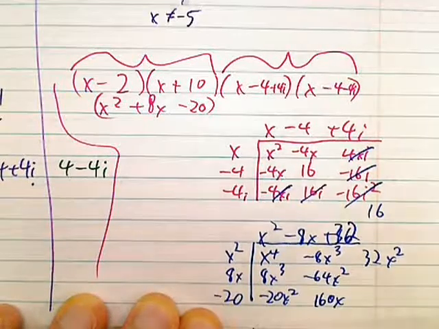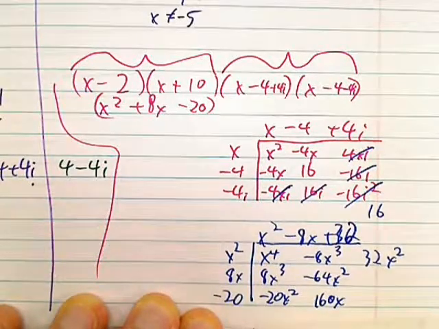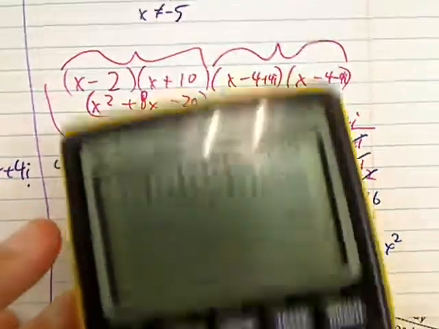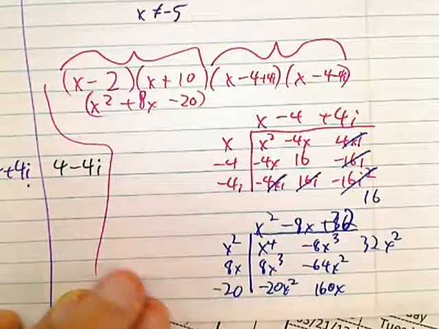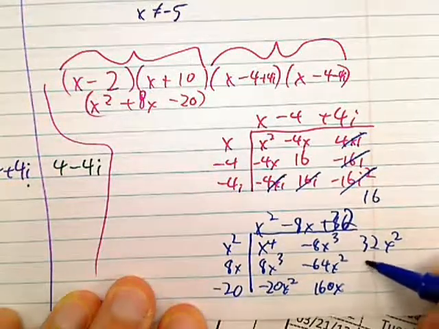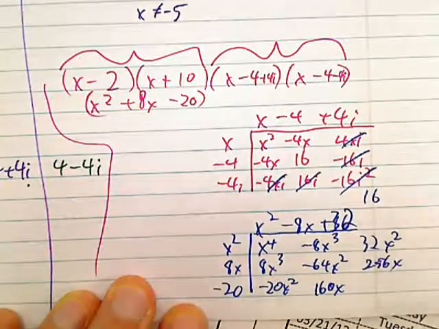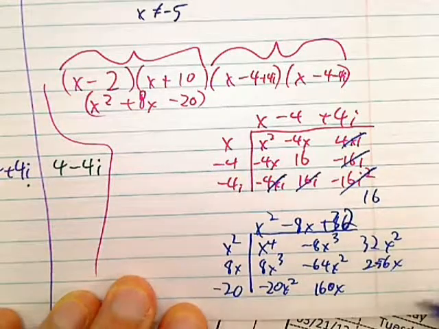Oh, I should know that one. Is it 256? 32 times 8. Bam! What up, son? Beautiful. 256x, and then that'll be negative 640.